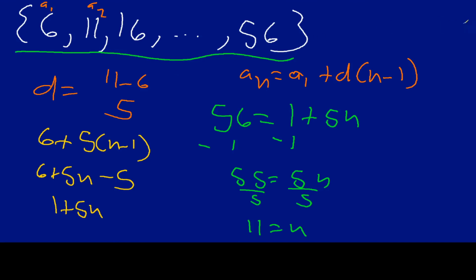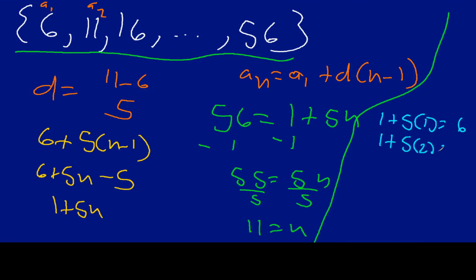And of course, we're going to check real quick. If I put in my A1 term, if I just put in 1, so we're going to do 1 plus 5 times 1. Well, that equals 6. And of course, if I do 1 plus 5 times 2, you can see 5 times 2 is 10, plus 1 is 11.